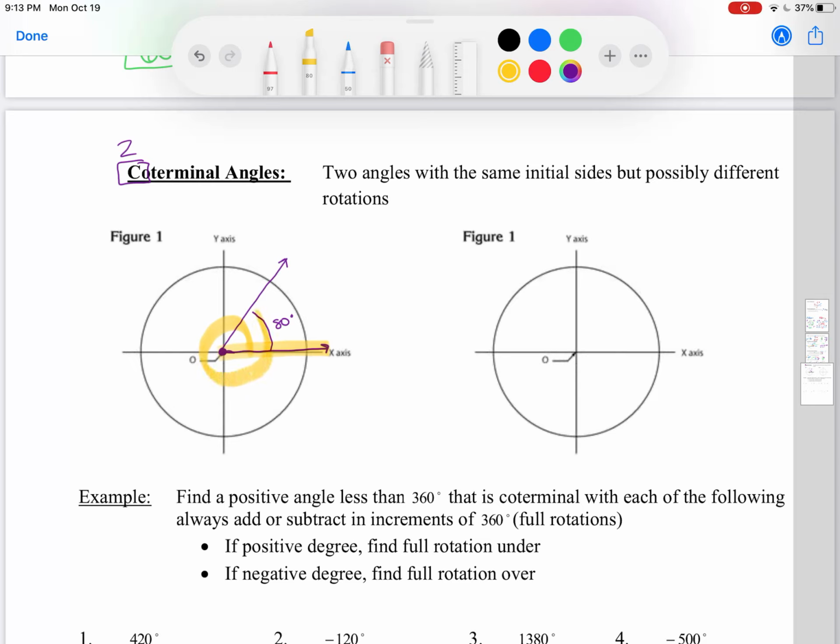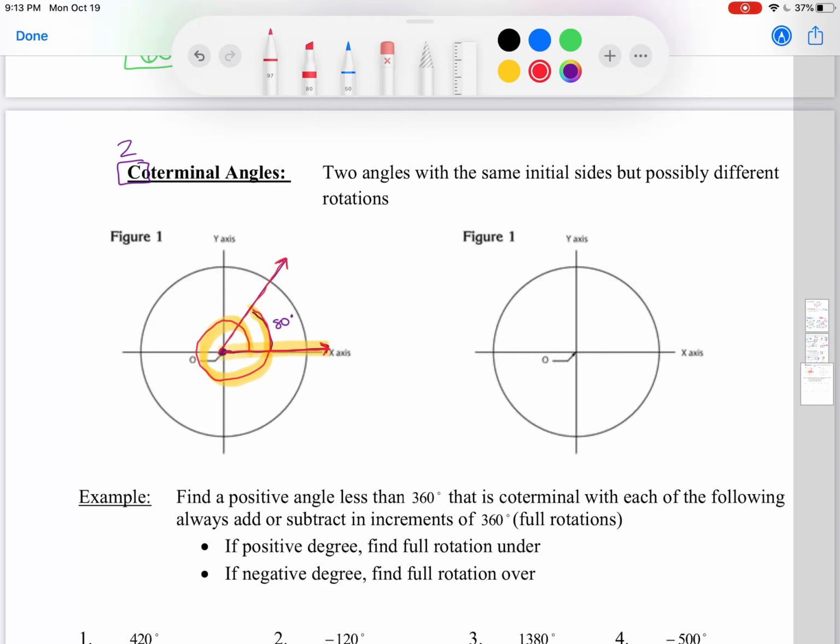Same initial side, but this time I'm going to do a rotation, a full circle around here, and then I'm going to also go to 80 degrees. So I'm going to overlap that in red here for you. Same initial side. I'm going to go 90, 180, 270, 360, plus 80 more.